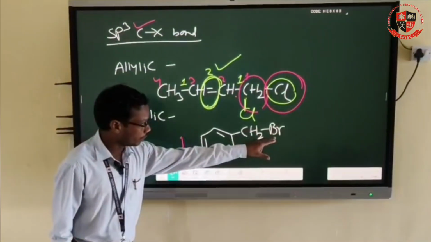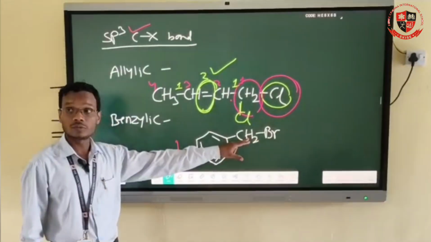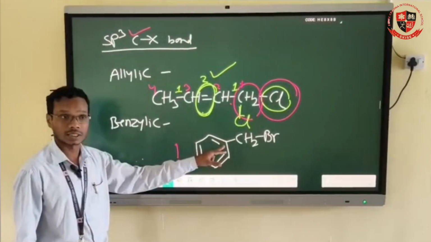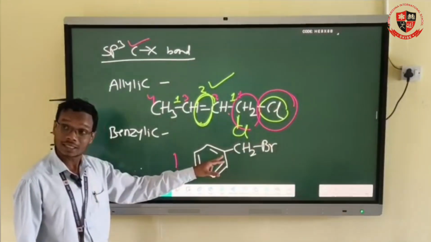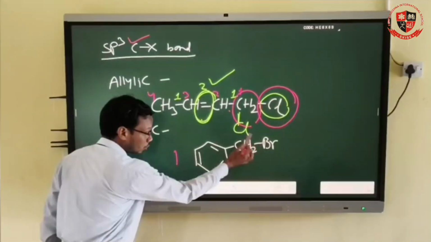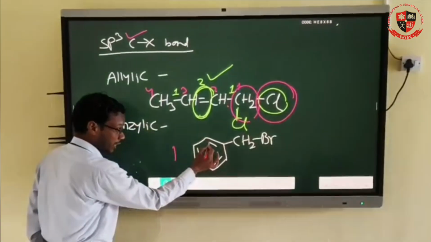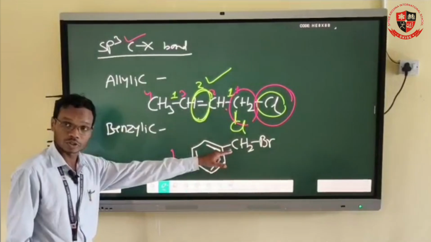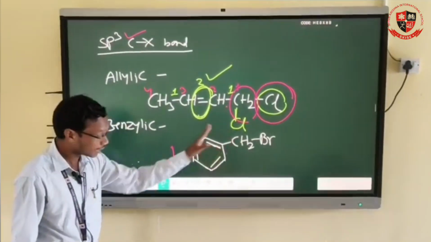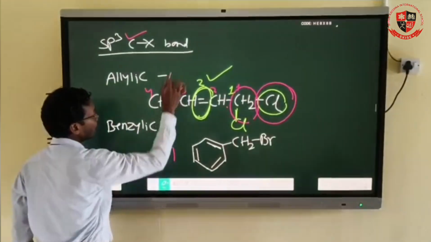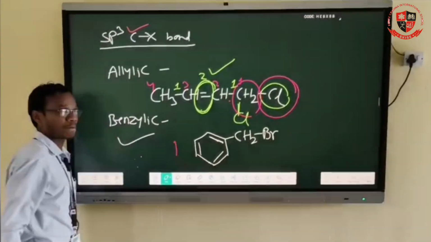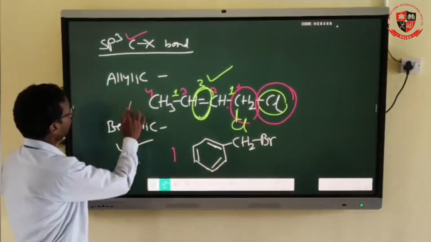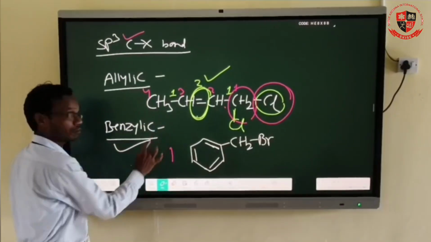In this compound, bromine is linked with the CH2 group, that is an sp3 hybridized carbon, not directly linked with the benzene ring. After the CH2 group, in the adjacent position, there is the double bond, but not in the first position. Yes or no? The double bond is present in the second position. That type of compound is called benzylic. Understand? In the sp3 C-X bond, there are two categories: one is allylic and another is benzylic.